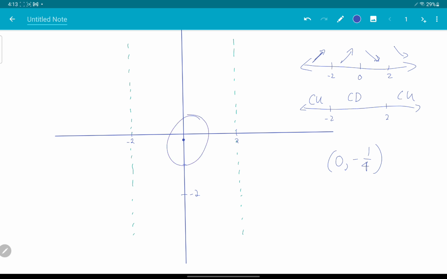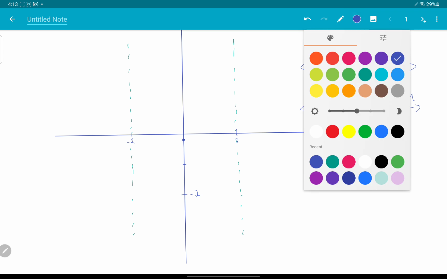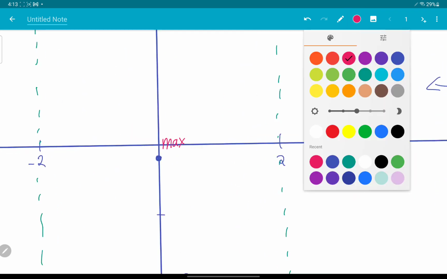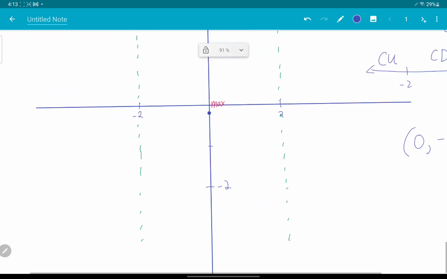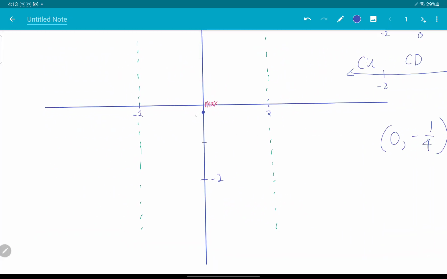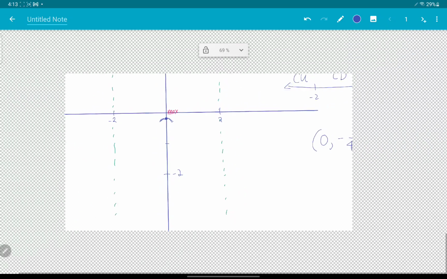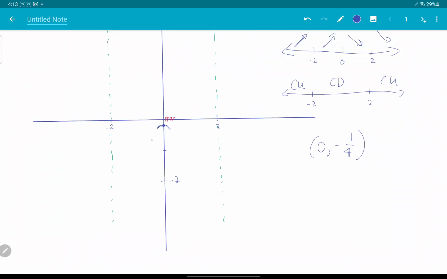Let's start at this guy. We determined earlier that this is a max. Got a max there. So I'll put a little hill there. And then what's happening from that hill? Well, looking at this arrow here, the function should be increasing here, then it should be decreasing here.